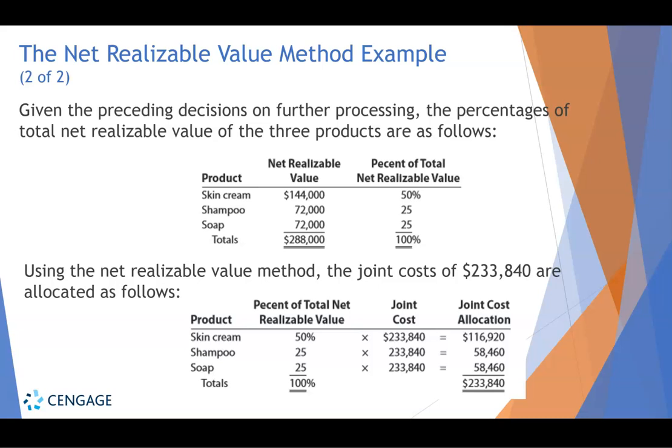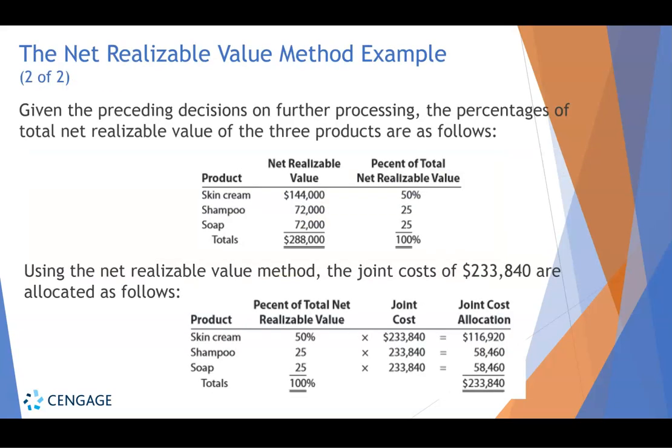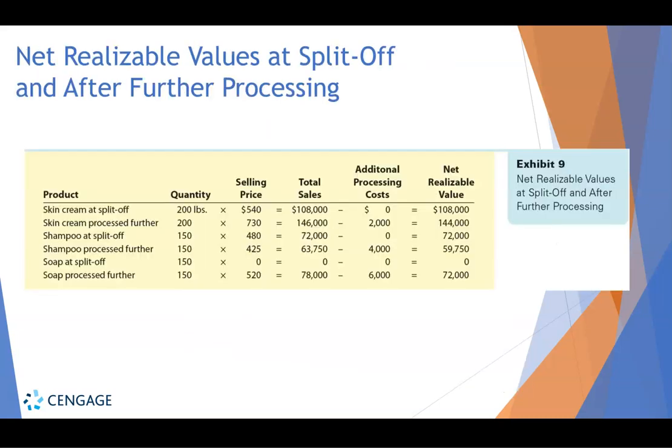So given those numbers, the percentage of net realizable value of the three products will be as follows. The net realizable value for the skin cream was $144,000. And the shampoo was $72,000.